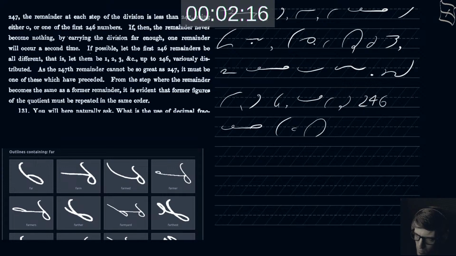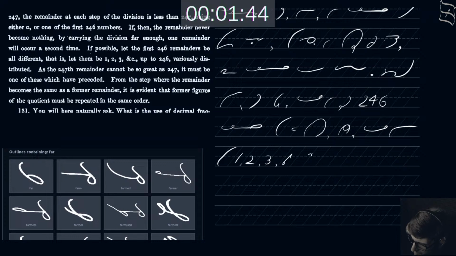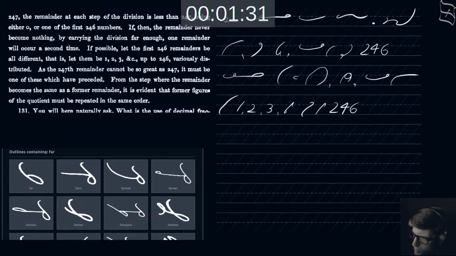That is, let them be 1, 2, 3, etc., up to 246.